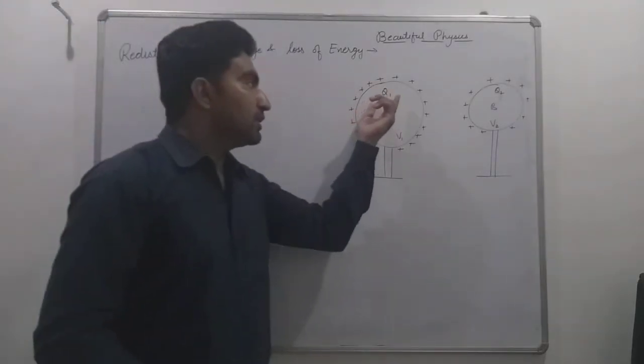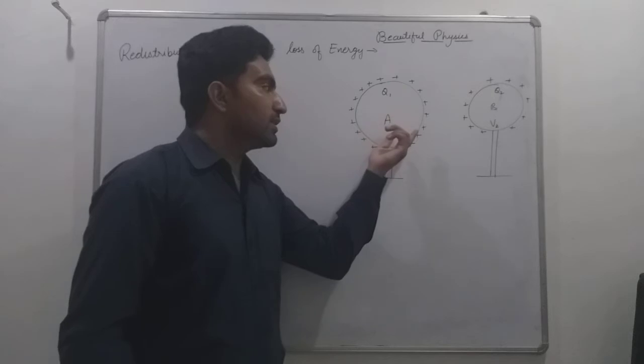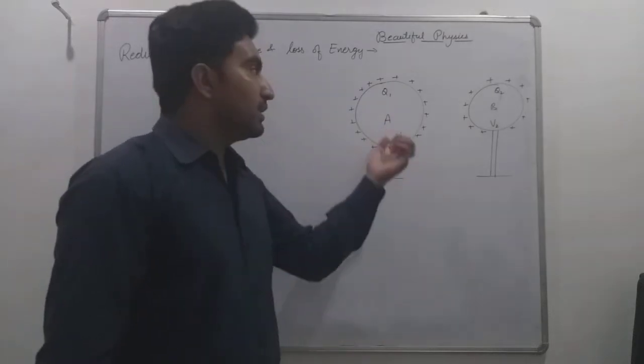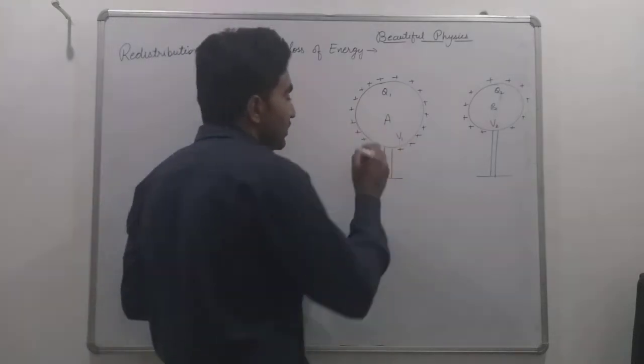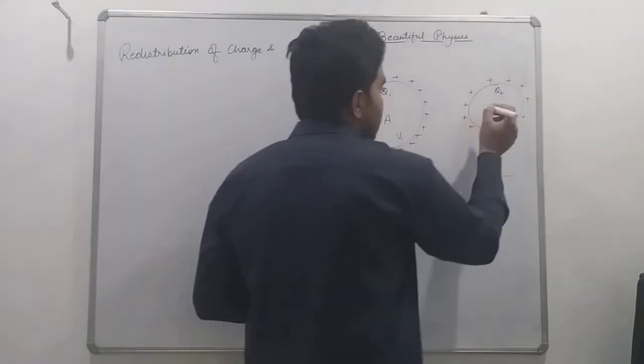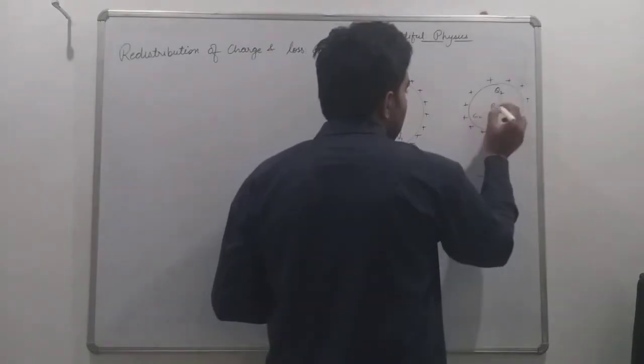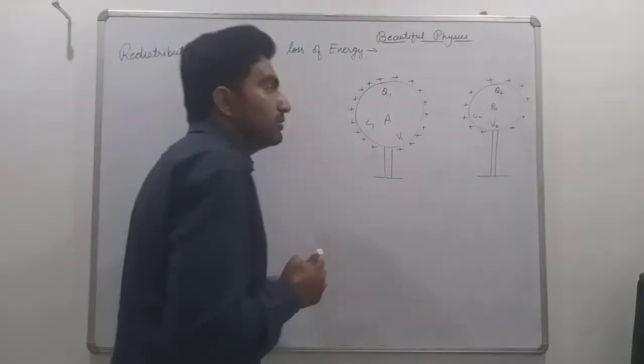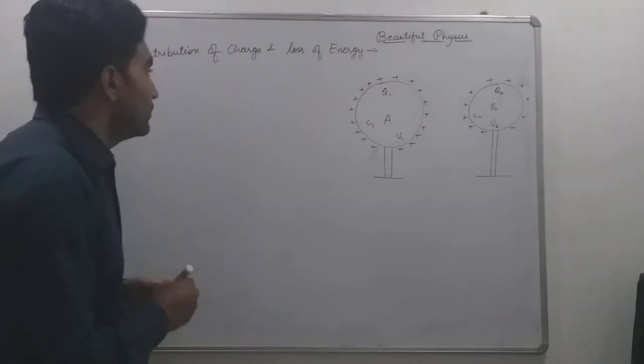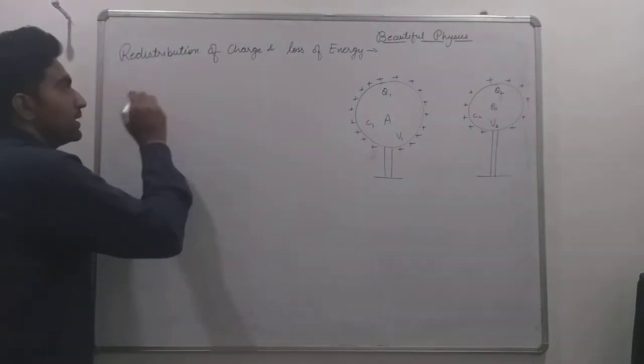So if they have Q1 amount of charge and V1 potential, then they have some capacitance C1 also, and similarly conductor B has some capacitance C2.